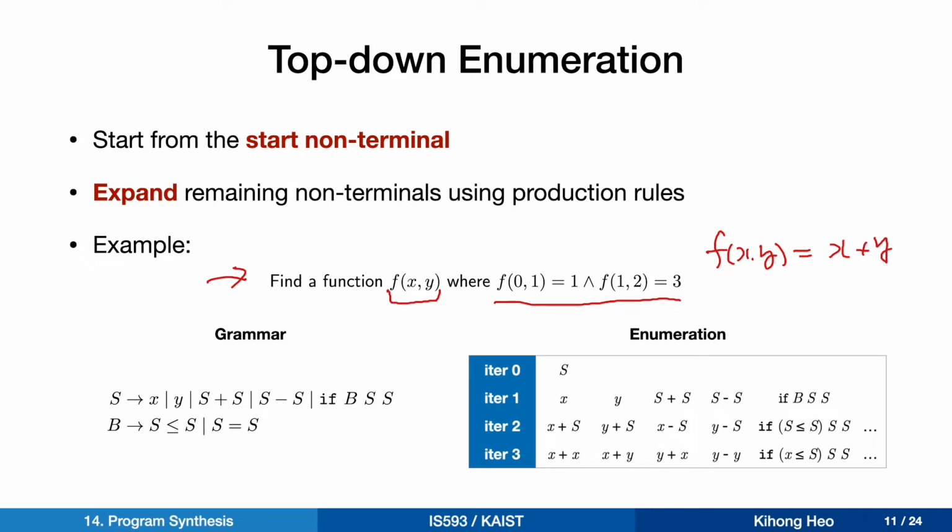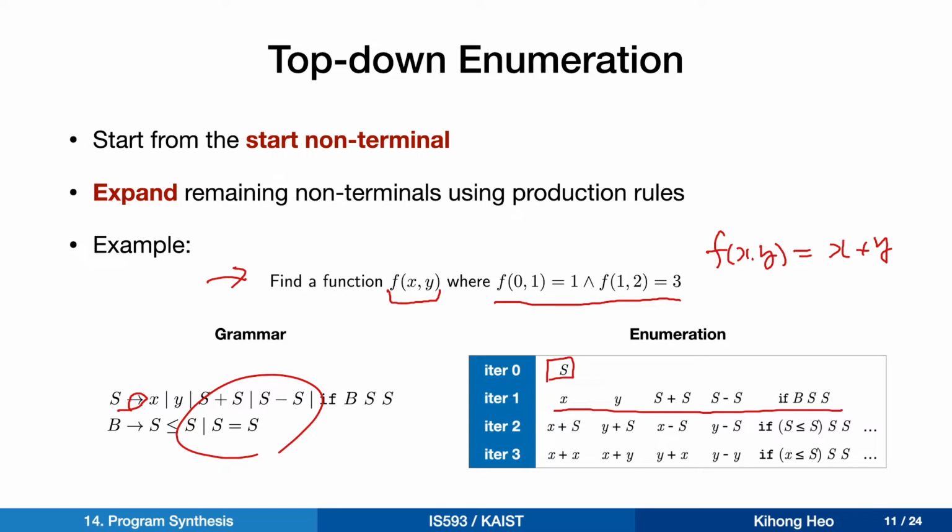Initially it starts from the starting symbol S here, and then it gradually expands the non-terminals using the production rules from the grammar. At first, once it expands the starting symbol using this rule, we have these programs.